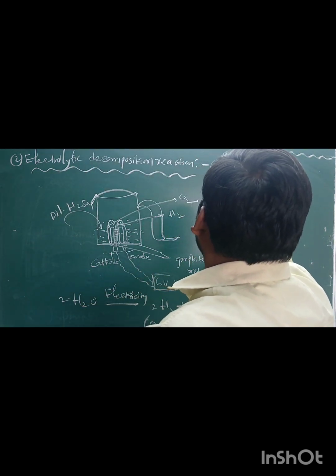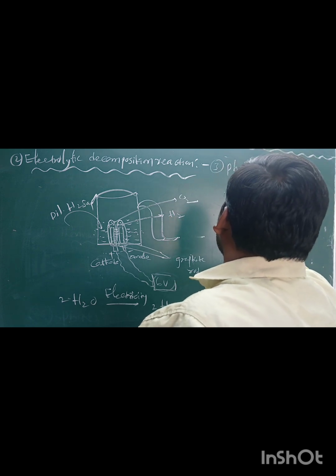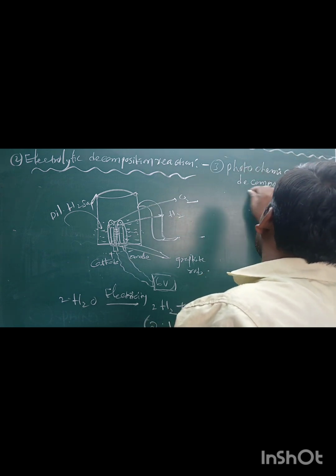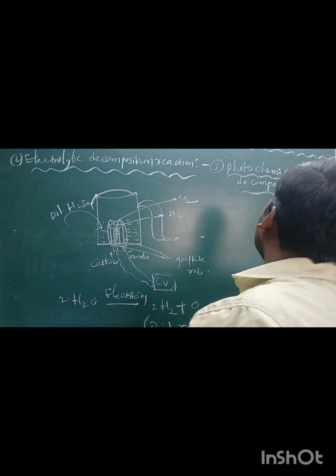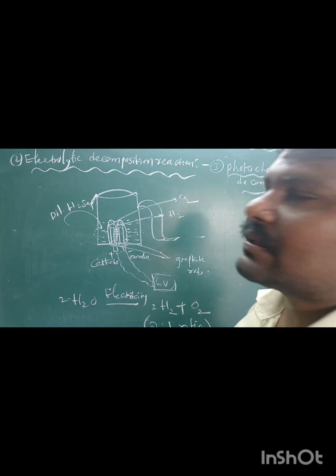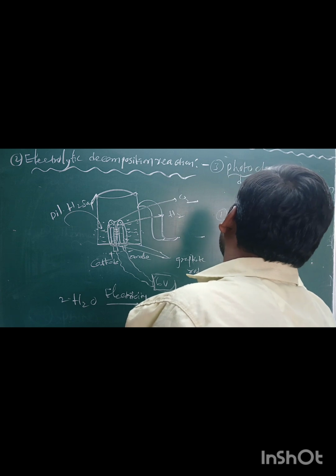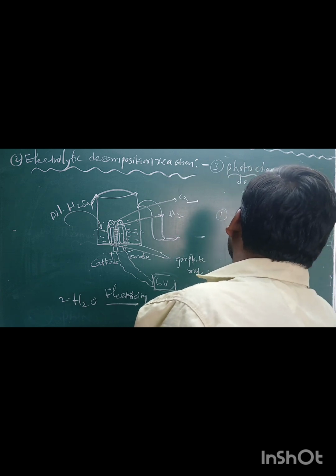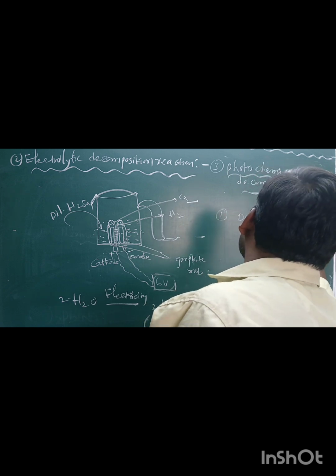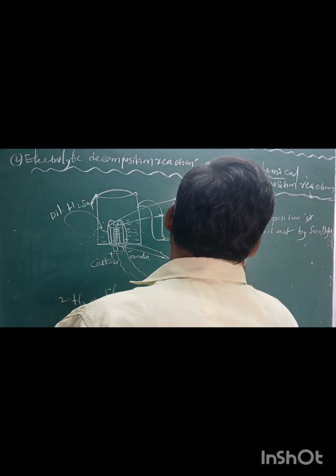And finally, one more classification of chemical decomposition: photochemical decomposition reaction. The reaction in which decomposition is carried out by sunlight is called photochemical decomposition.